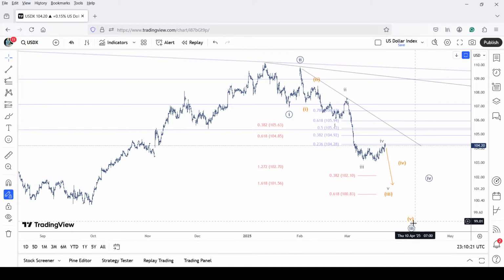There you go, minute degree 3, which is underway, and within that third wave, what we are seeing right now is minute wave 1, 2, and 3 in the making, where minute wave 3 is also an extension. All right, so we've got sub-minute wave 4 in place now, around the 23%, which is just about 104.20 region, and prices have now turned lower.